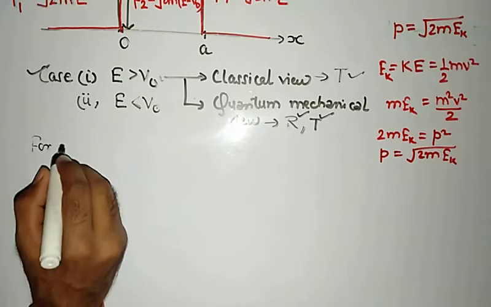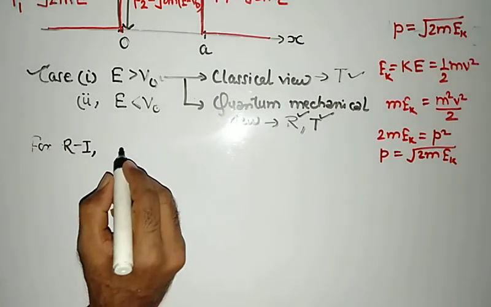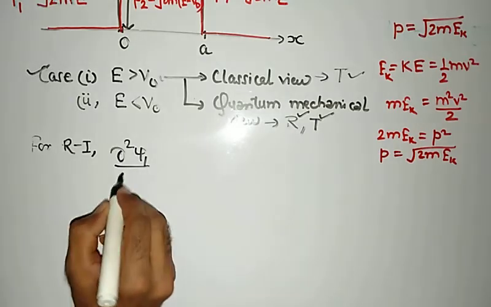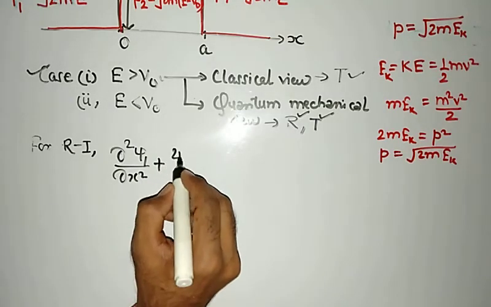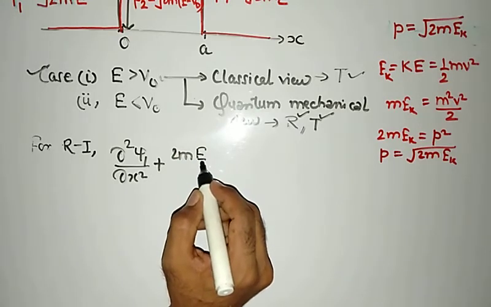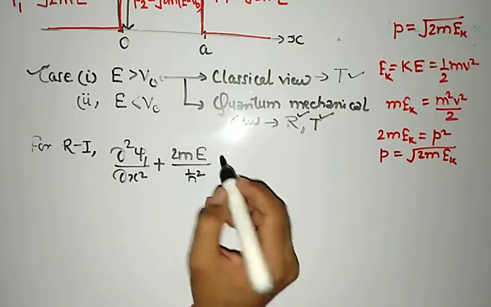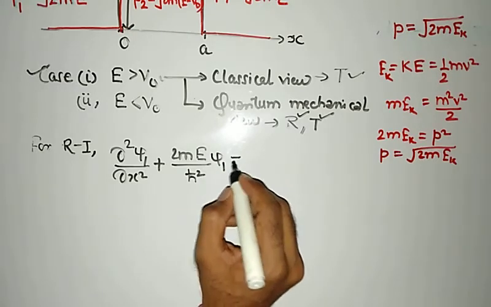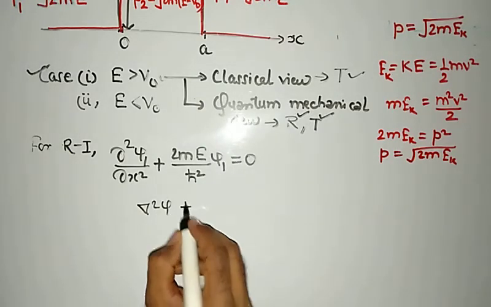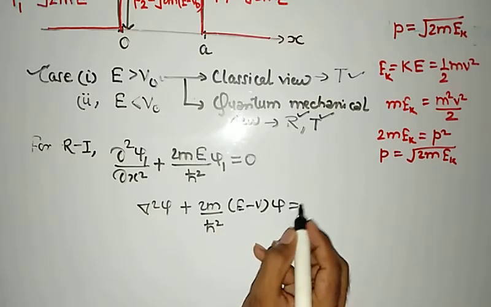For region first, applying the Schrodinger wave equation, since it is in one dimension: del square psi 1 upon del x square plus 2m (E minus V naught, but there will be only E, as we have discussed) upon h cut square psi 1 is equal to 0. I am just recalling: del square psi plus 2m upon h cut square (E minus V) psi is equal to 0.